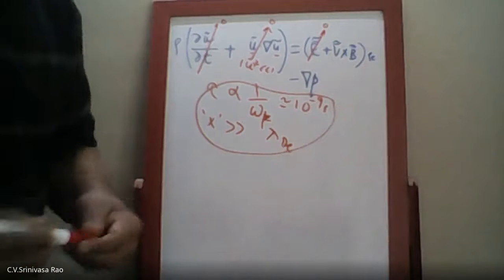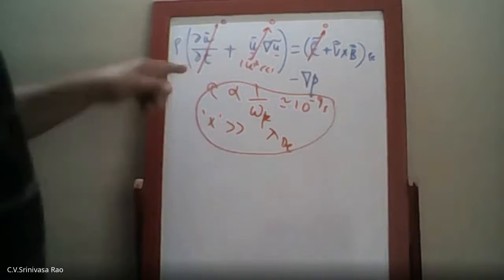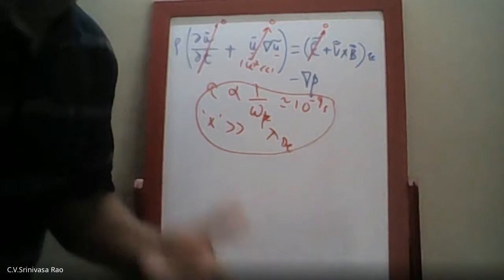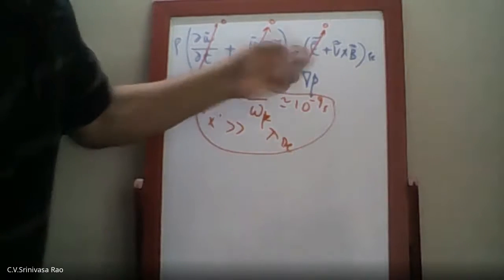So basically you are saying that for the time scales and the space scales that we are interested in, there are no charge separation fields. Charge separation means electric field.